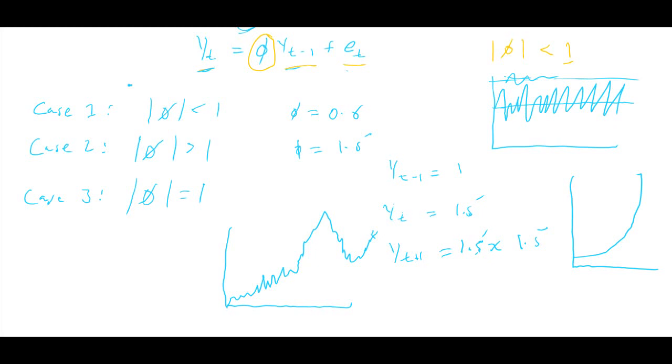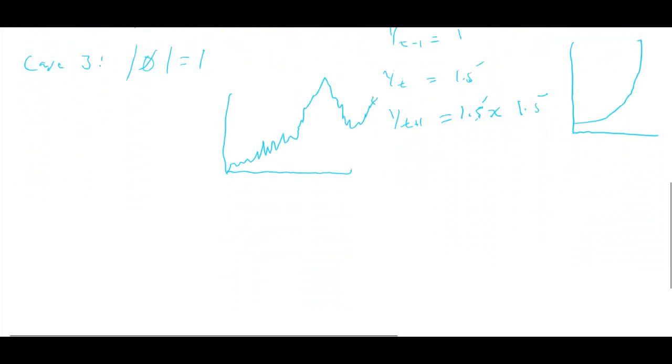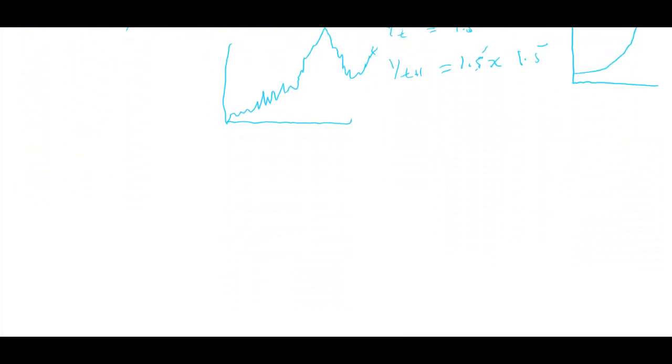Now, in order to make this data stationary, what we can do is take the difference of the time series variable. So let me show what happens when we take a difference of a time series variable.